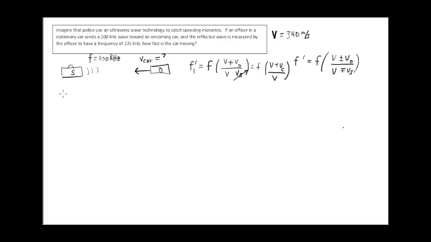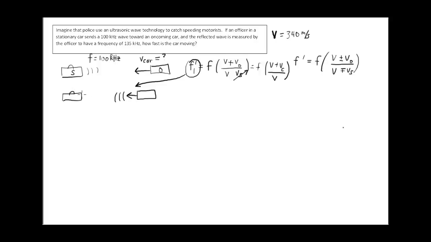Now let's turn it around and realize that the final frequency that's given is the frequency that's received by the officer. And so what happens here, the car is still moving, but the reflected wave off of the car now has this frequency, f1 prime, that's the frequency that the car would have received in the first part of the problem, and that frequency now is returning to the officer.